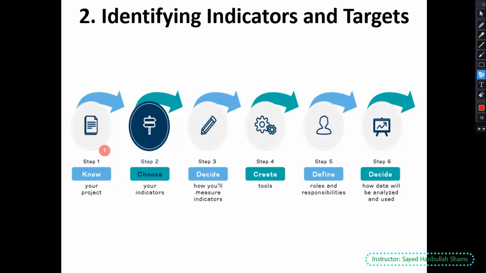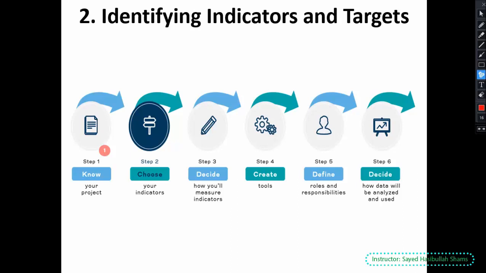For example, we must have information about the log frame, about the output and input, outcome and impact level, and also information about the internal and external factors. This is very important in the design of the system. So the first step is completed in the previous lessons, and today we will discuss the second step.